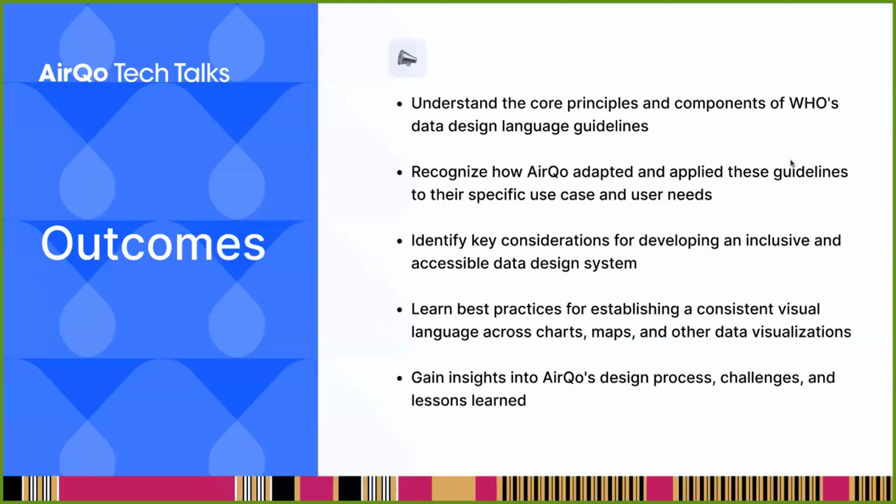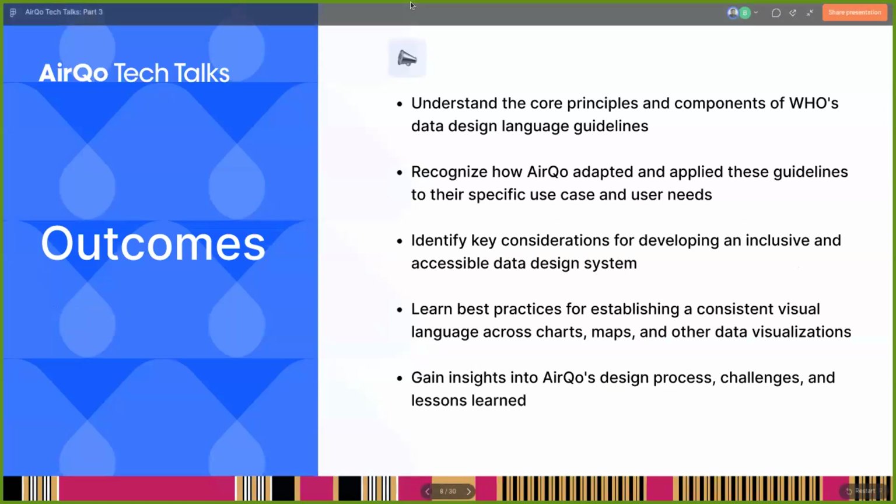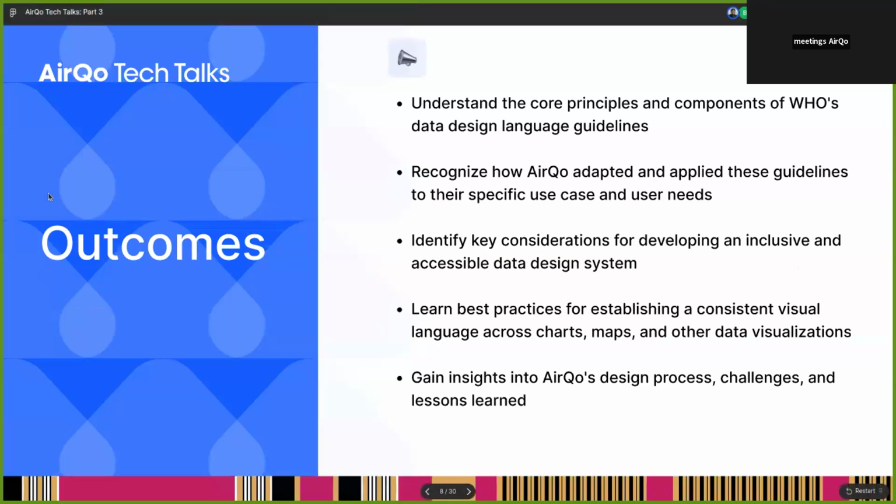So the outcomes for this session: we're going to understand the core principles and components of the World Health Organization's data design language guidelines. And then we'll go on to learn how AirQo has adapted and applied these guidelines into their specific use case and user needs. Then we'll identify key considerations for developing an inclusive and accessible data design system.